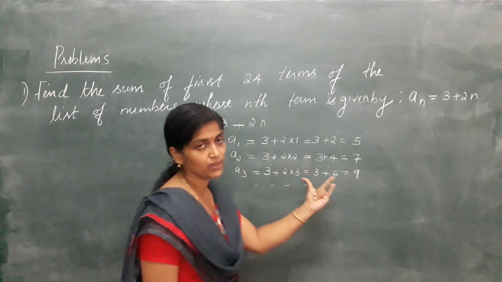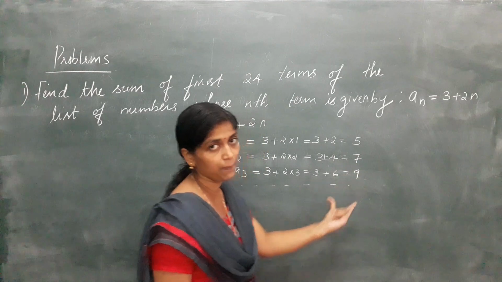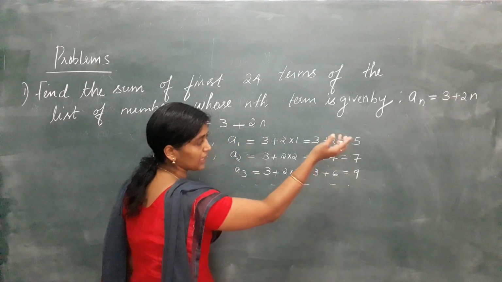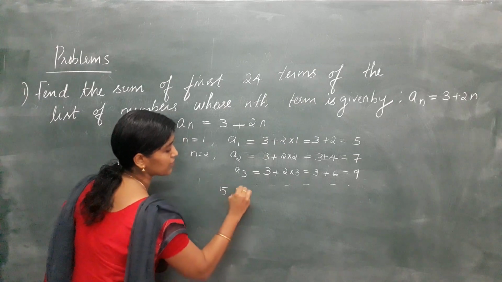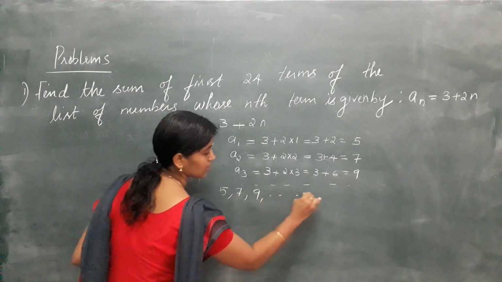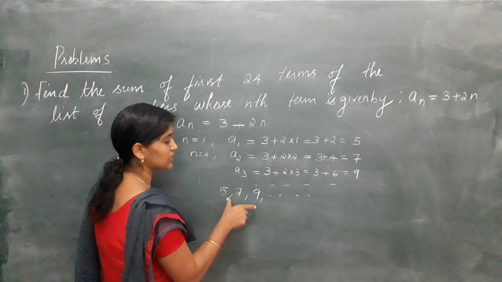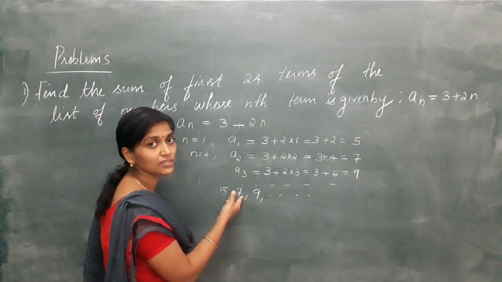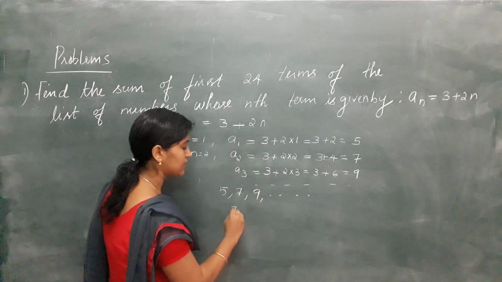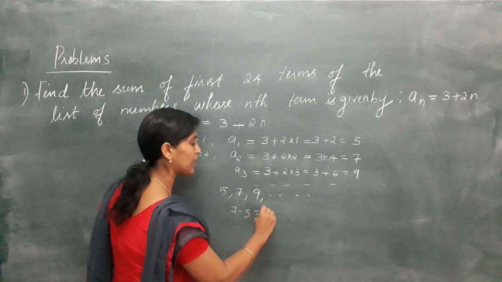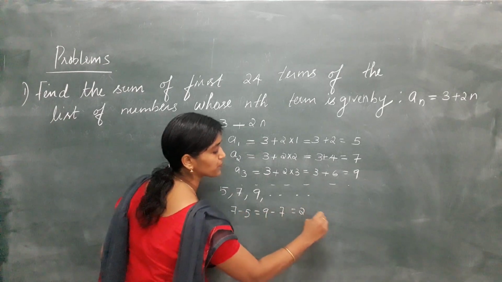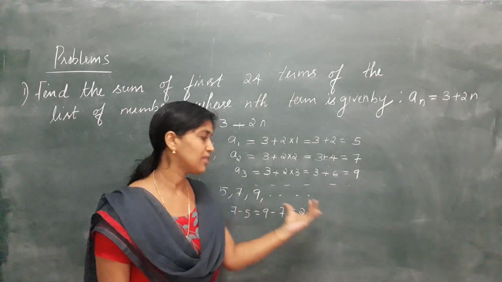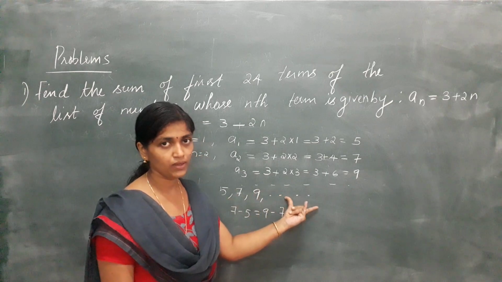First you have to see whether these terms form an AP. Here our list of numbers are 5, 7, 9, etc. To check whether the list of numbers form an AP, you have to see if the common difference is the same everywhere. You can see 7 minus 5 equal to 9 minus 7 equal to 2. So the common difference is the same everywhere. So this list of numbers forms an AP.